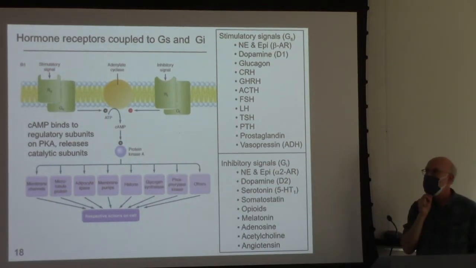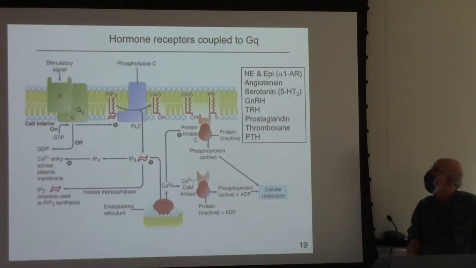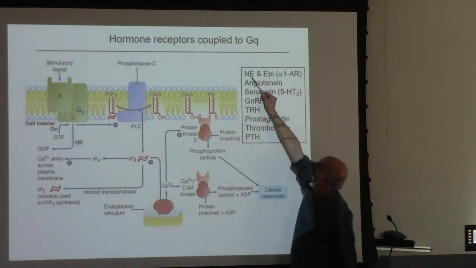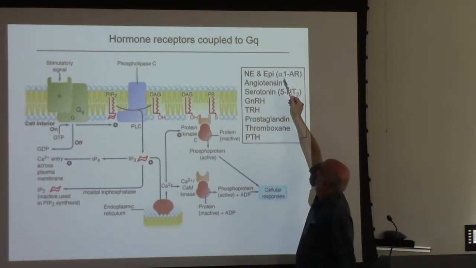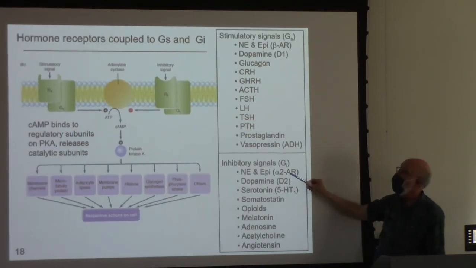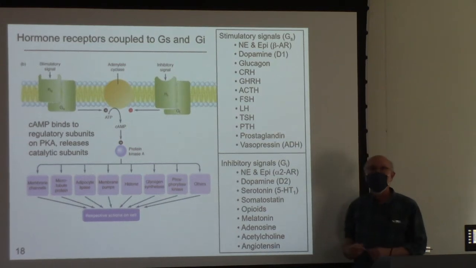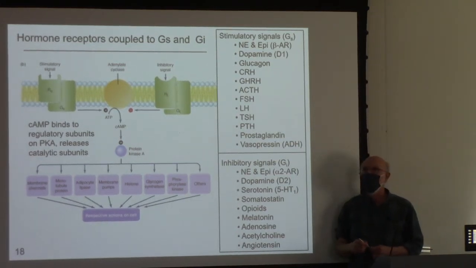Why do I ask you to tell me these stories one more time? Repetition assists in formation of long-term memory. That's why. Okay, so GS, GI, and GQ. Interestingly, norepinephrine and epinephrine interact with GQ, GI, and GS coupled receptors depending on what receptor is expressed in the target cell.